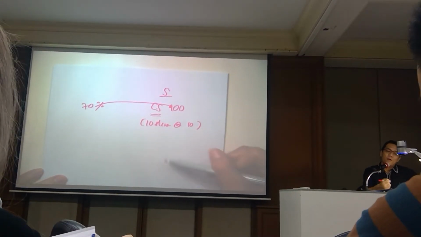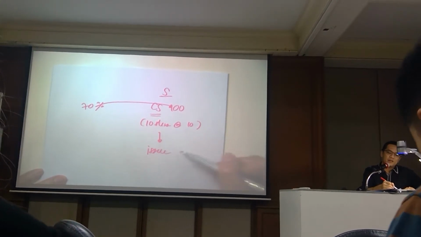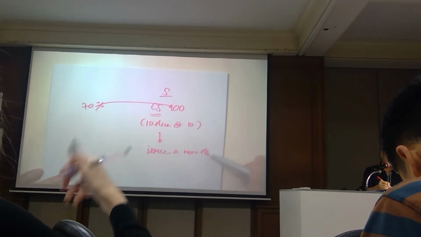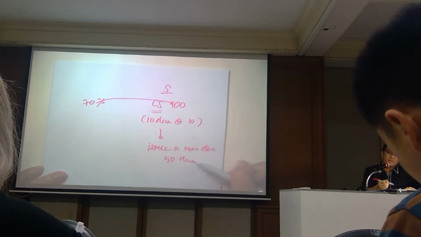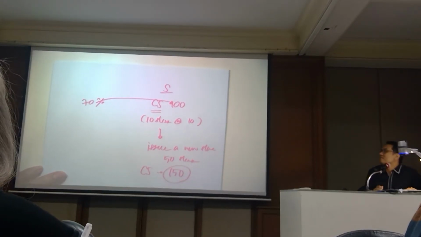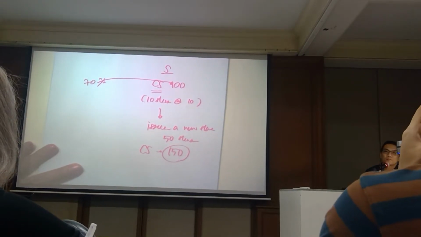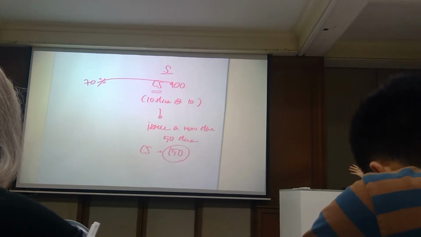Let's suppose 1 year later, they issue a new share for about 50 shares. Now common stock turned to be 150 shares. So it means the subsidiary issued a new share.